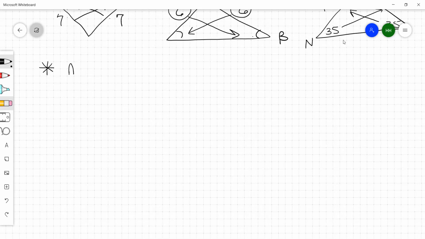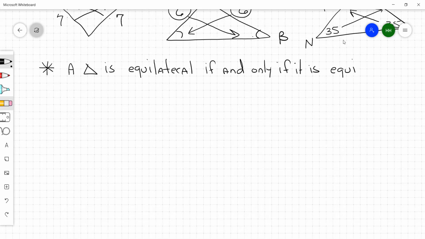A triangle is equilateral if and only if it is equiangular. A triangle is equilateral if and only if it is equiangular.